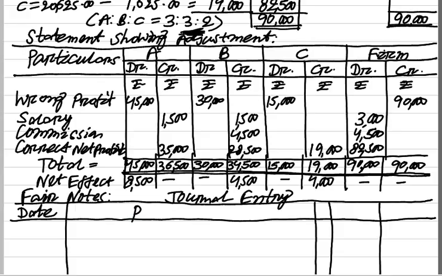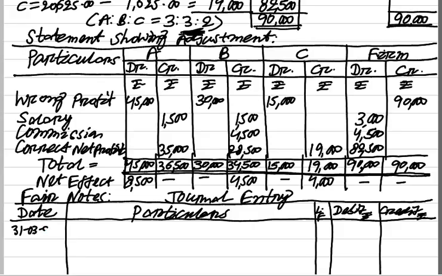Date, particulars, ledger folio, debit rupees and credit rupees. 31st March.